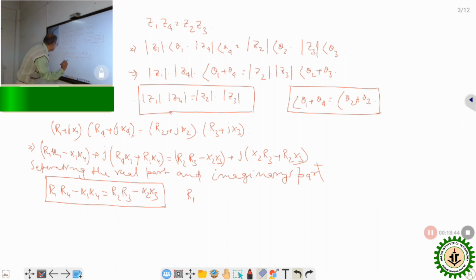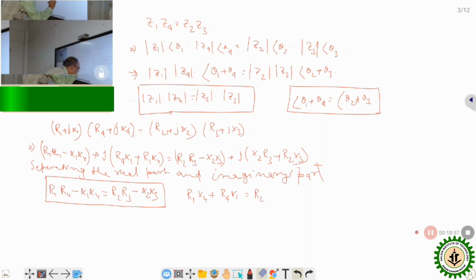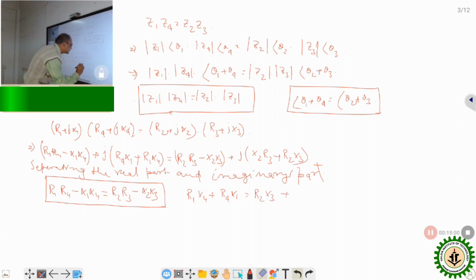And the imaginary part: R1 X4 plus R4 X1 equal to R2 X3 plus R3 X2.